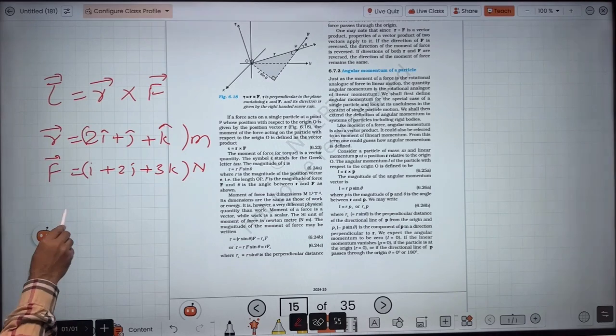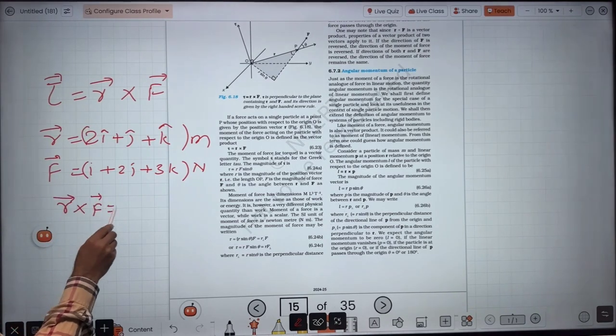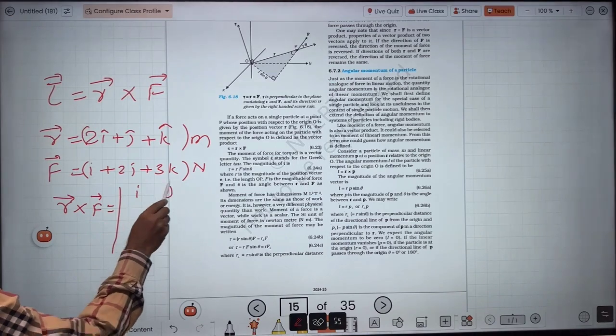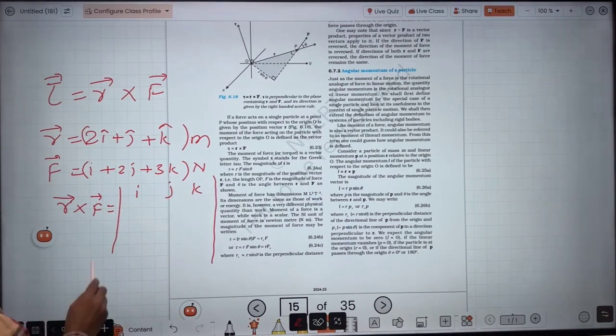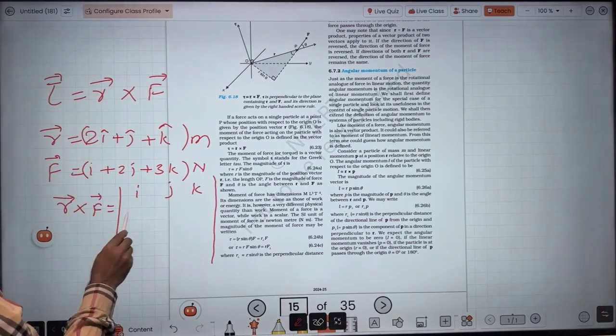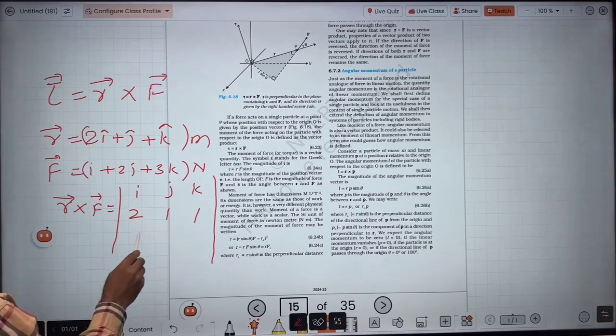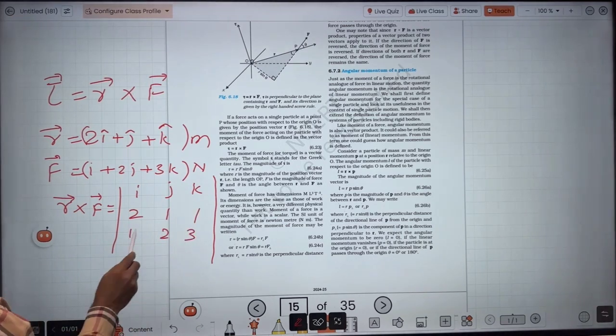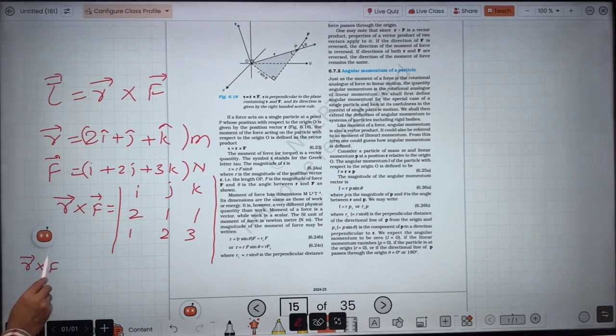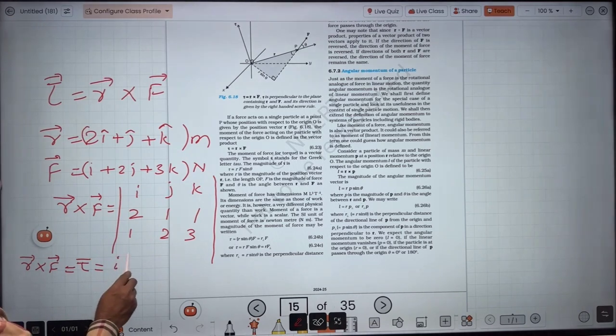To find the magnitude of torque, first of all, we have to evaluate R cross F. For this, we write i, j, k, and then the coefficients of R: 2, 1, 1, and of F: 1, 2, 3. Then we evaluate. So R cross F, which is torque, is equal to: here you take i cap common, then this will be left.